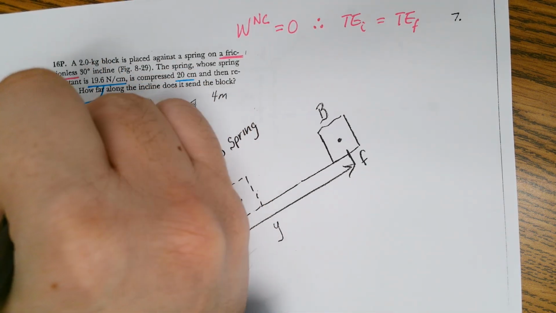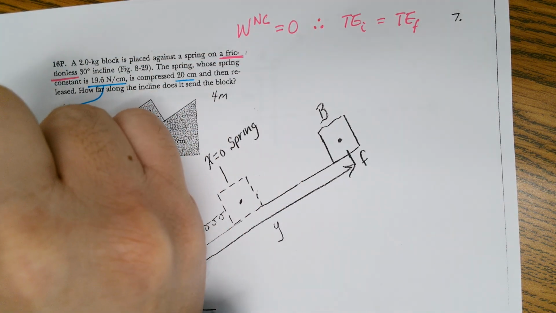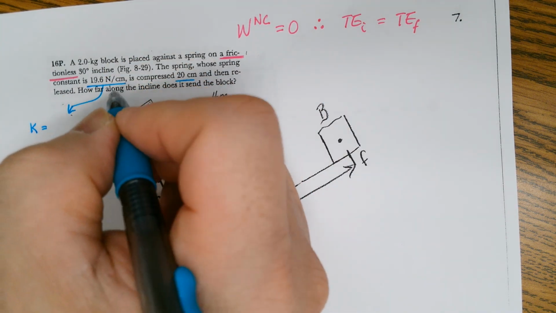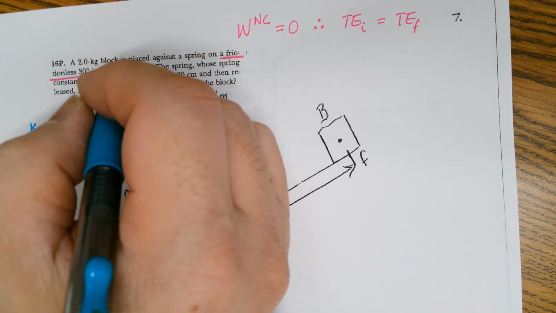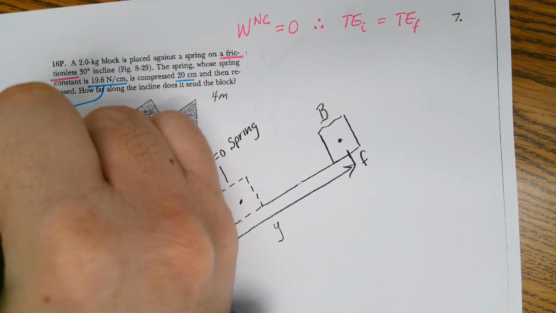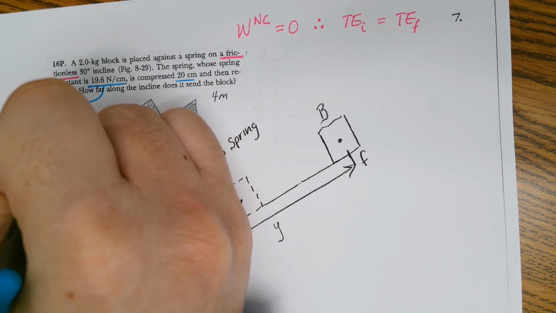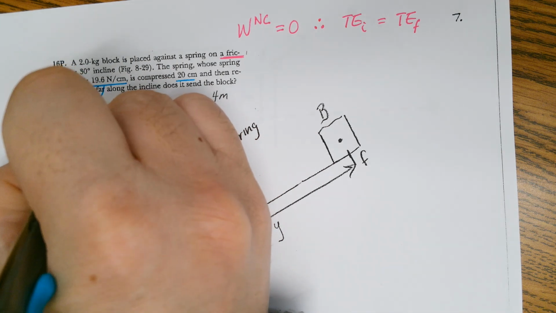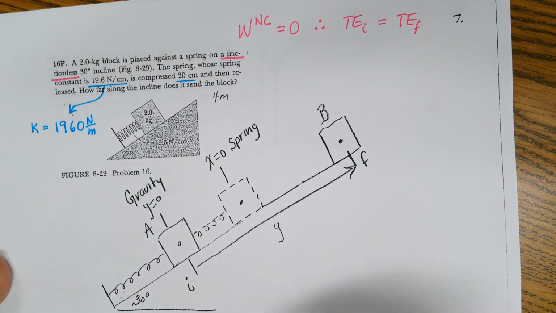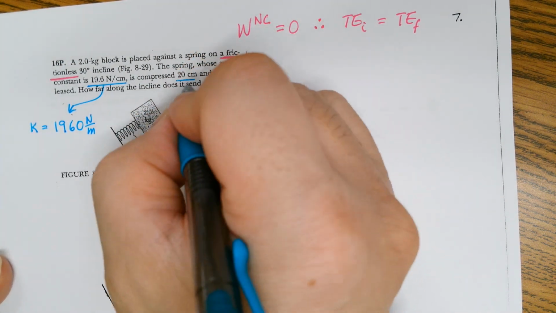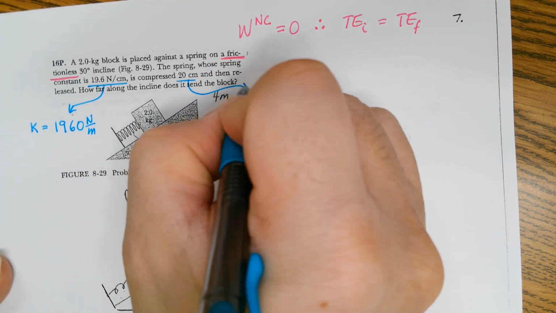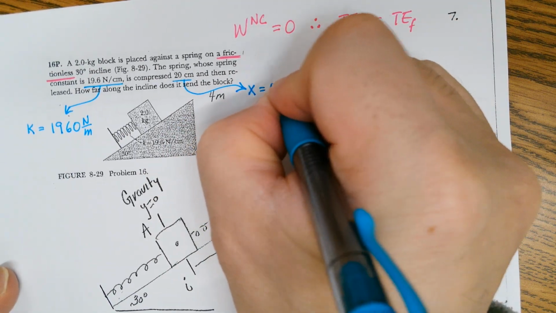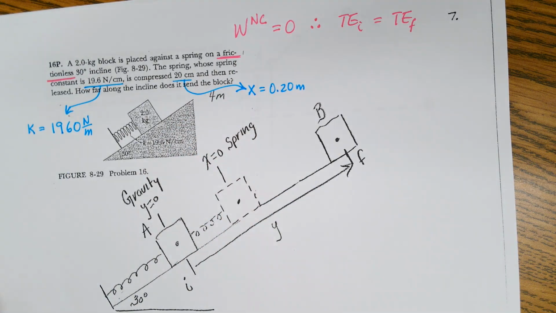So I can say K is equal to, just multiply this by 100, so you get 1,960. That will be a proper newtons per meter. And this x is equal to 0.20 meters.